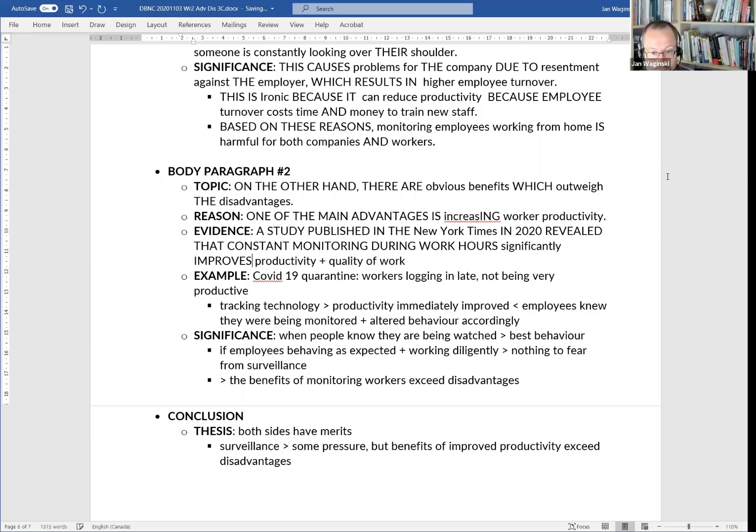I would say improves productivity and quality of work. Good. Let's see. In the New York Times. For example, during COVID-19, we're just missing one element in this.